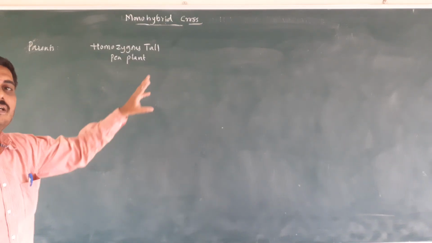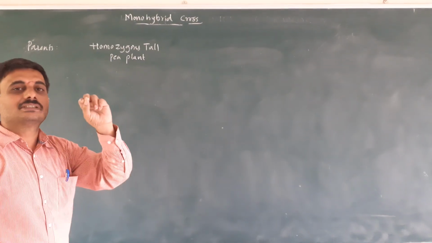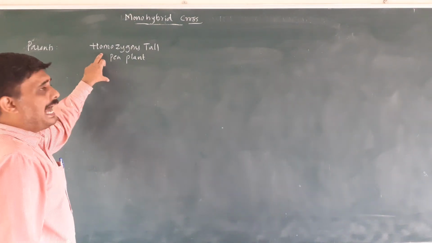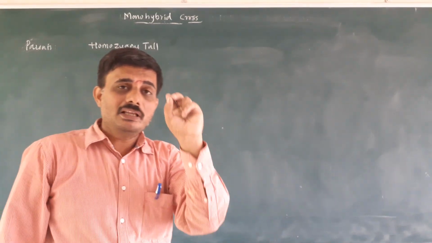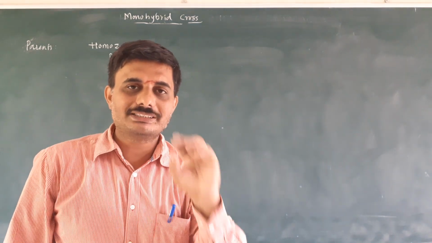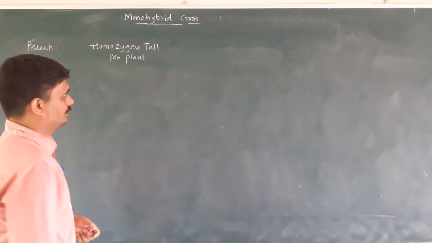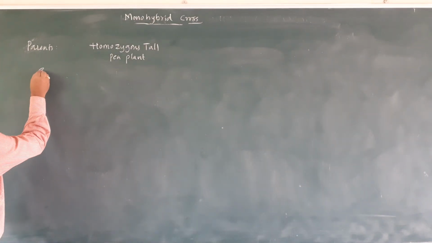Homo means similar, zygous means zygote. It has similar types of factors or genes. It's called homozygous tall. Okay, the genotype.